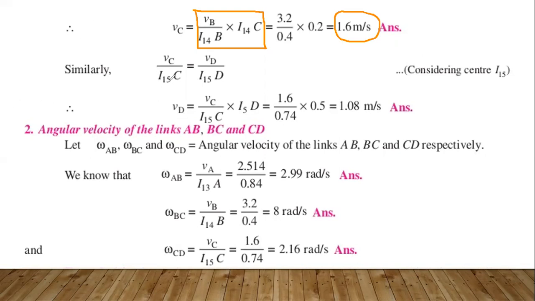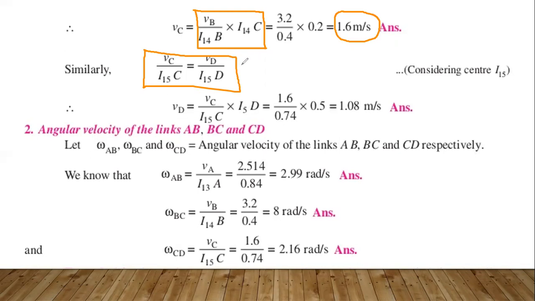Then similarly, we are going to take the velocity of C with respect to velocity of D, considering the center as I15. So I15 as center, we are taking this. We have velocity of C by instantaneous center of 15 into C, equal to velocity of D by I15 into D. There again, we have already got velocity of C. So we are going to take the velocity of D to the left side.